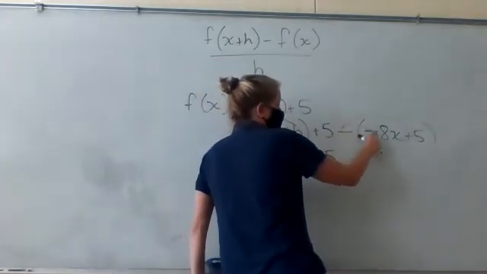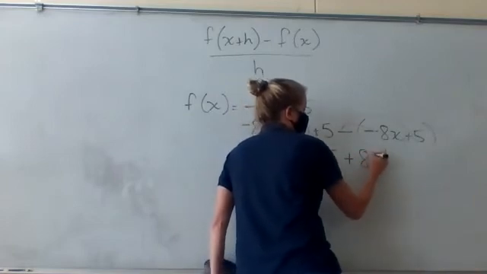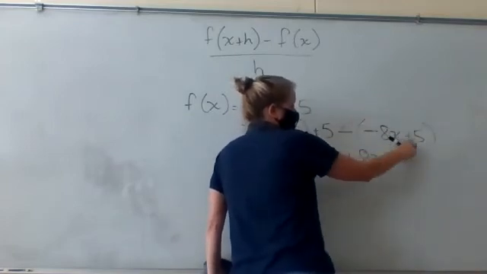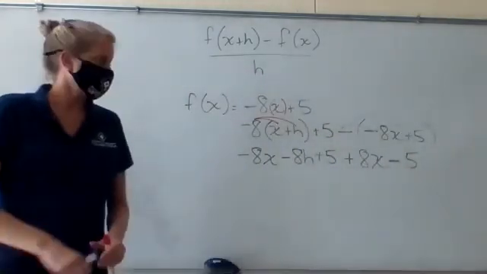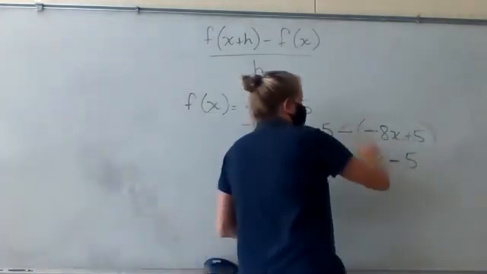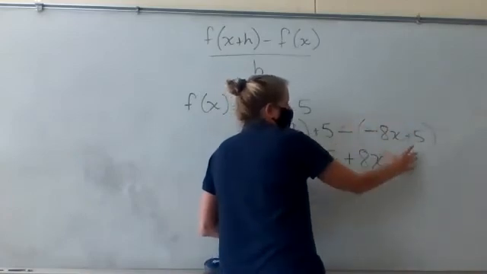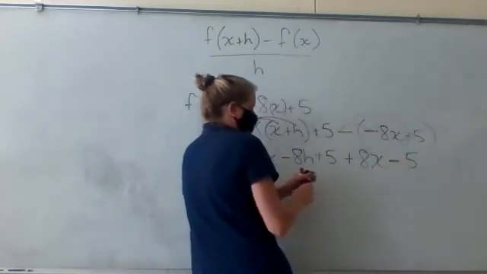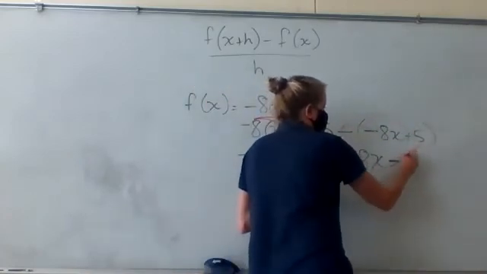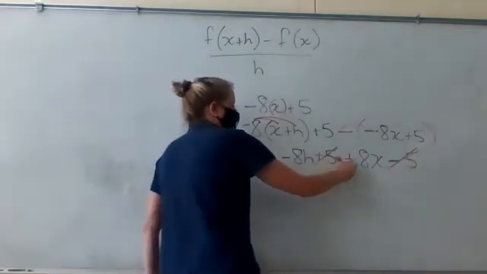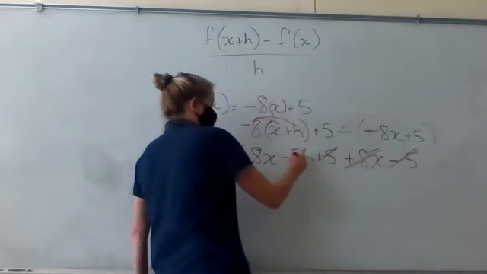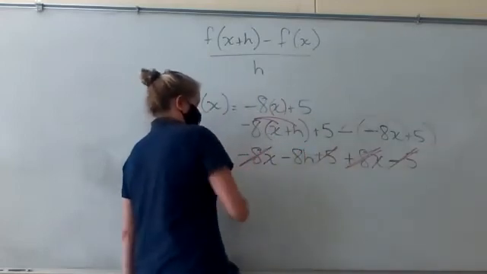The negative turns that into +8x. And it turns that +5 into -5. So like I said, everything in these parentheses, once you distribute the negative, will cancel something up front. So this -5 has a +5 that it'll cancel. This +8x has a -8x, it'll cancel.